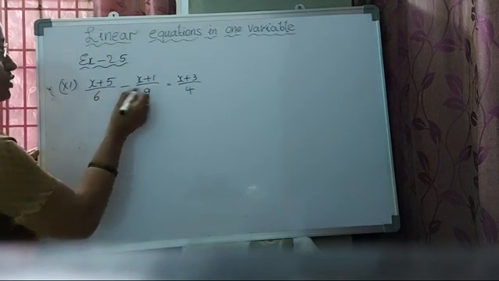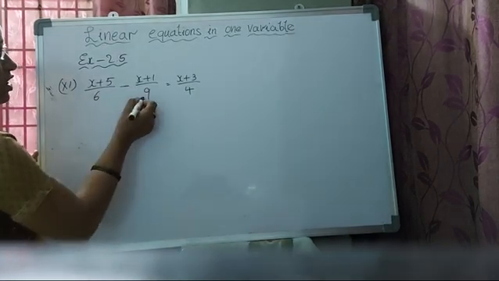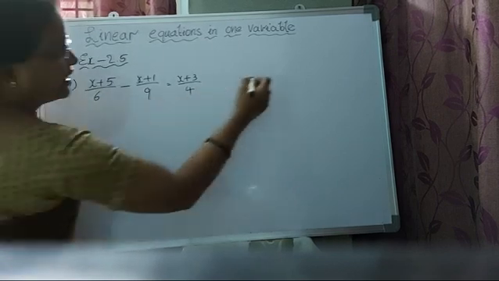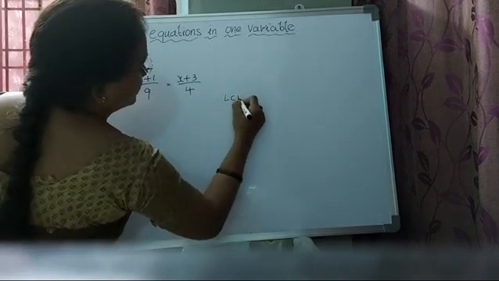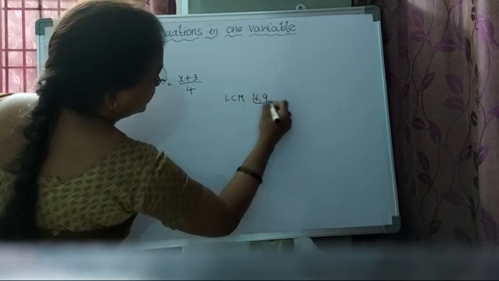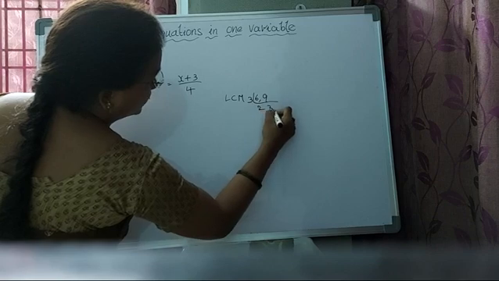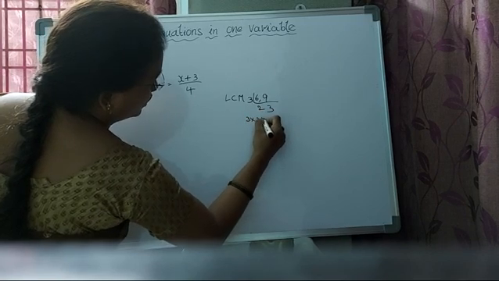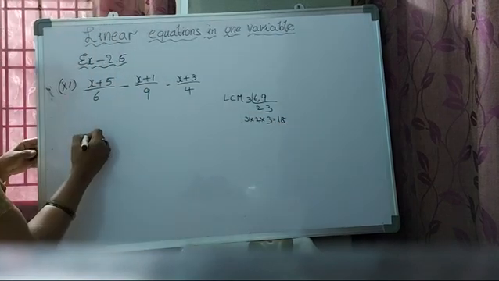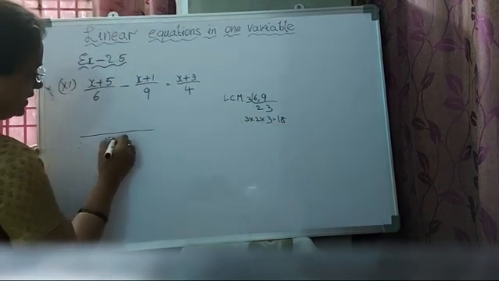But here two terms are there, in between minus is there. So first take the LCM of 6 comma 9. What is the LCM? 3 2s, 3 3s. So 3 into 2 into 3. 3 2s are 6, 6 3s are 18 is the LCM. So 18 is the LCM.